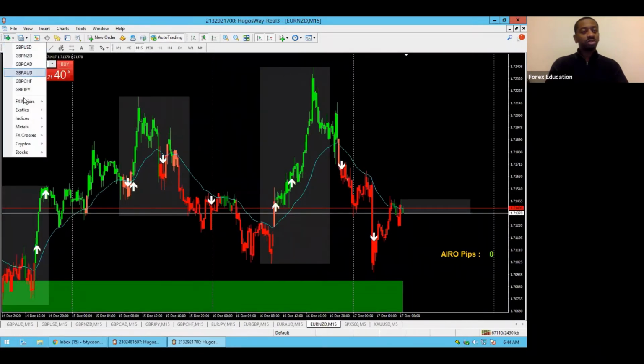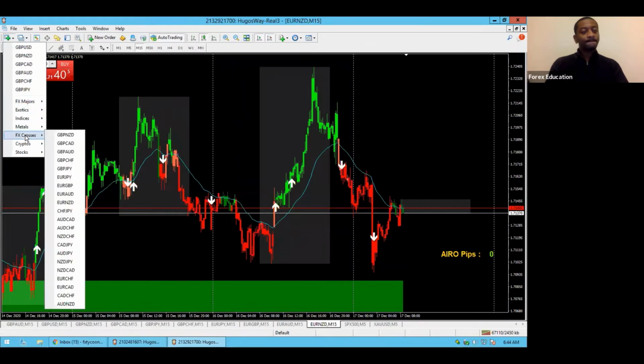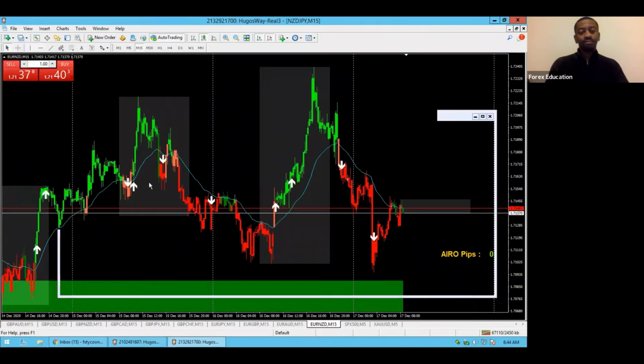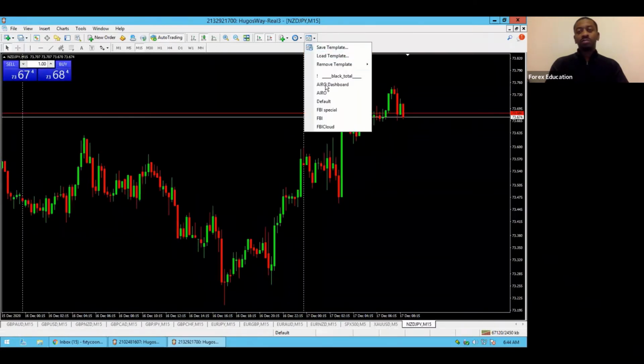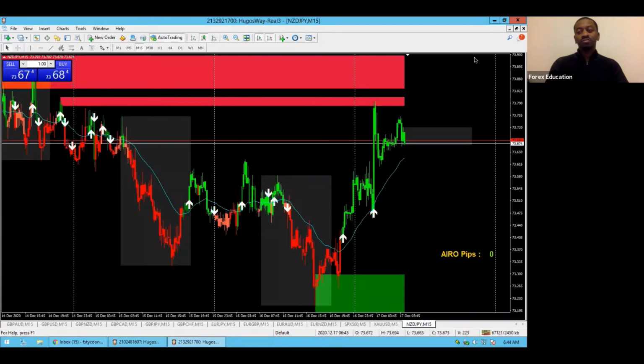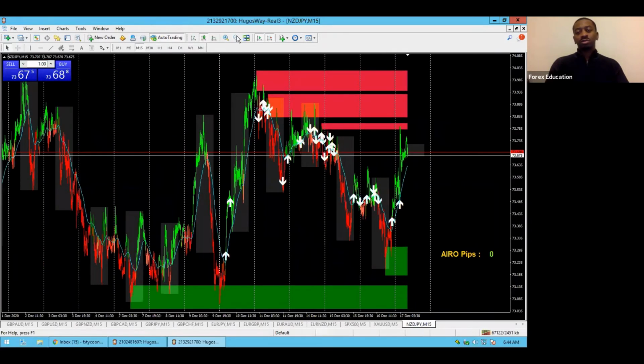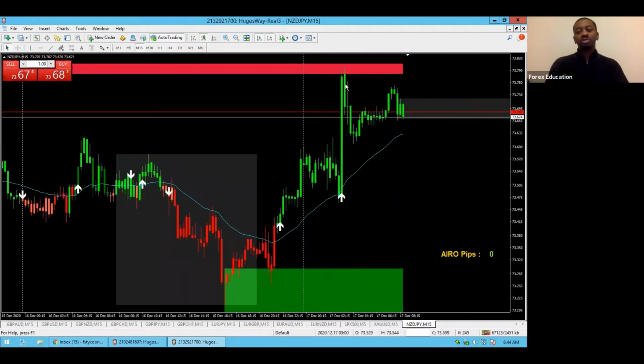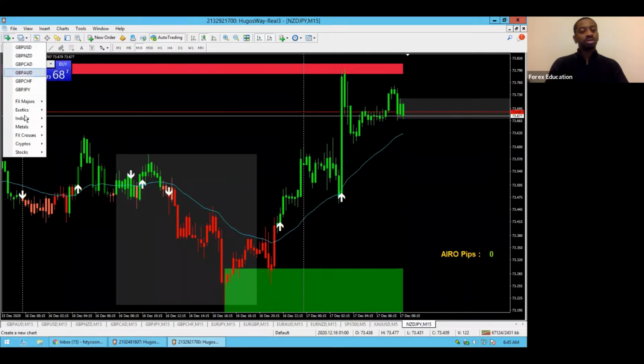Too close to the zone. NZD JPY. Nothing really going on there. It's in a downtrend though. So we had a bounce. If we get to come down here and get an arrow, might be a good trade. So I'll keep that one up. Let's see what happens.